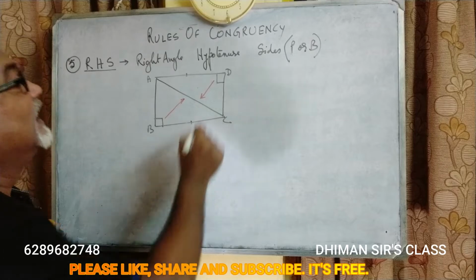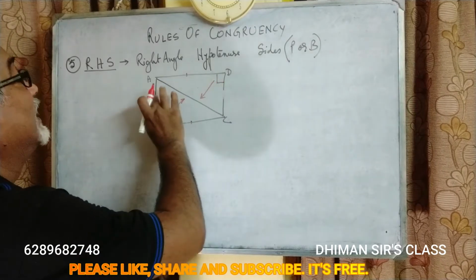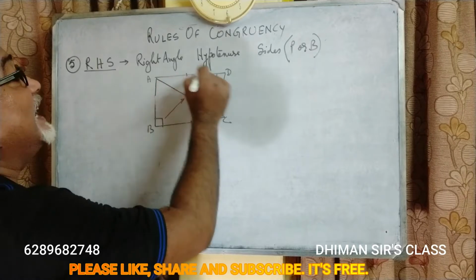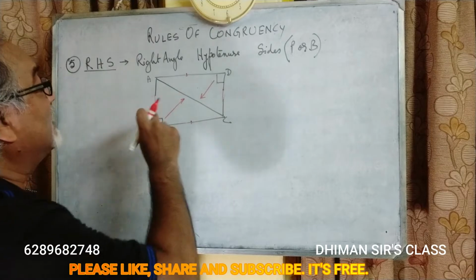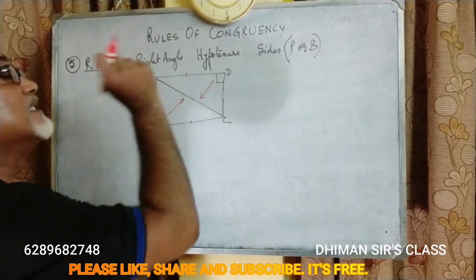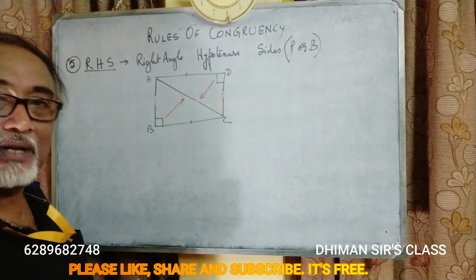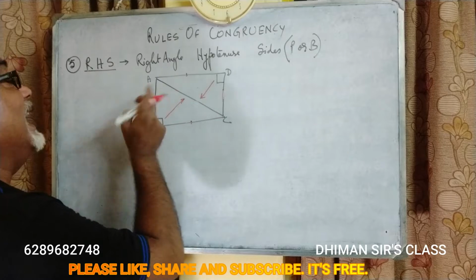Okay? Or this side is also equal to this side. Either of these you will have to take. If you have taken this side is equal to this side, there is no need of taking this side is equal to this side. Because we require right angle, hypotenuse and side. Okay? Or right angle, hypotenuse and side.